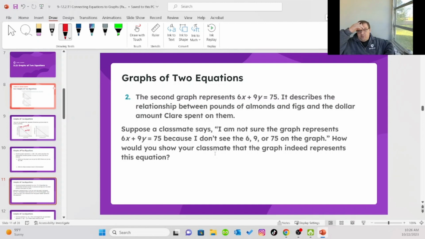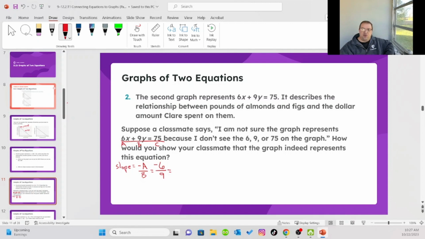So if you remember from the previous lesson, we said that when an equation is in standard form like this, this is A, this is B, and this is C. And our slope equals negative A divided by B. So in this equation, I want negative 6 divided by 9.